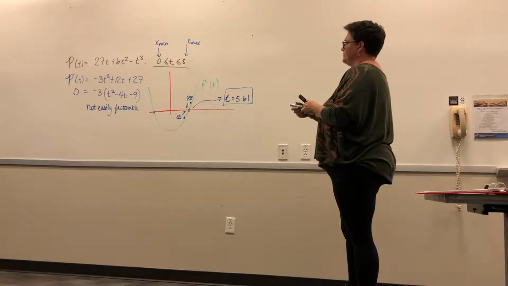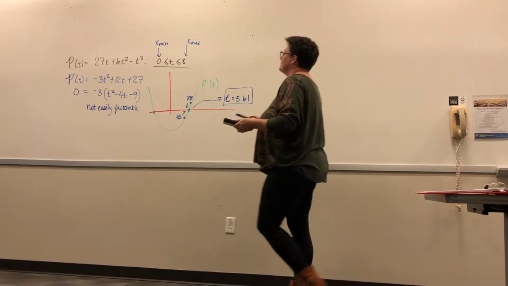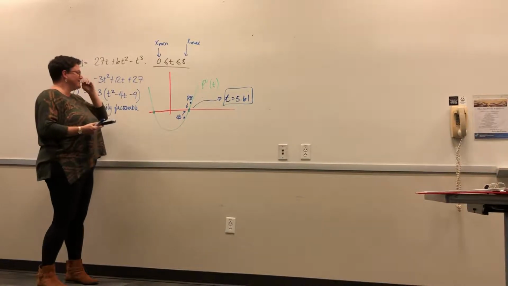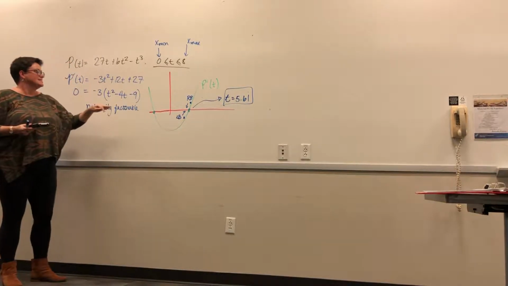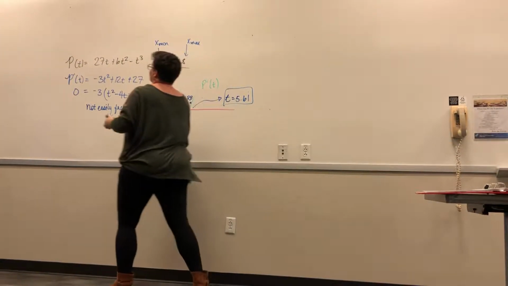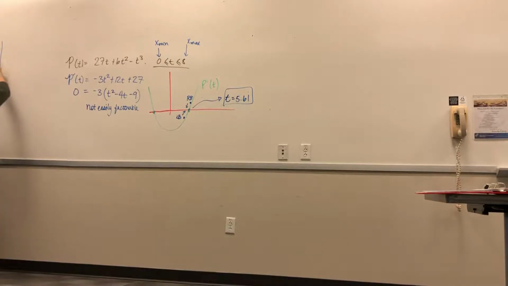That's weird. Oh, I see why. Okay, so I was like, why is this? Here's why, guys. So my original function, P of t, graphs like this. So here's 0, here's 8, and I took this up to 500 just for giggles.